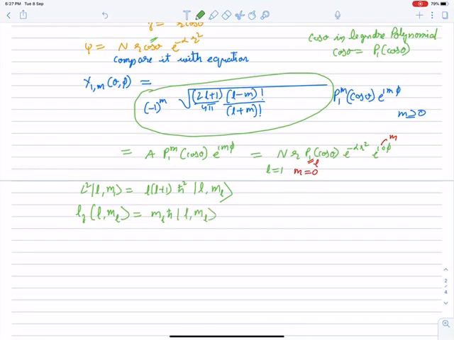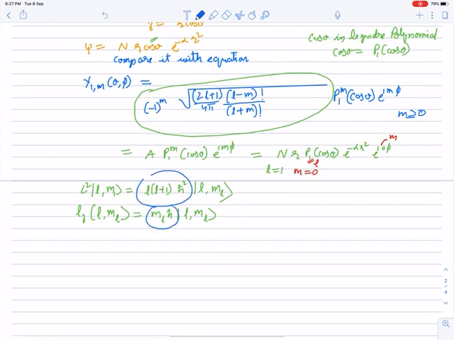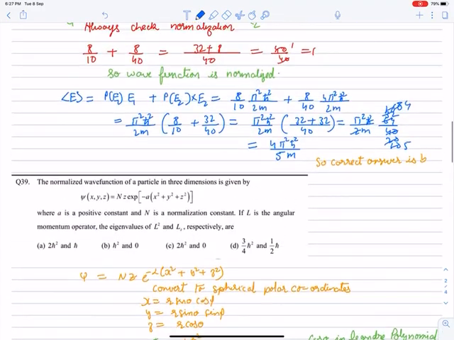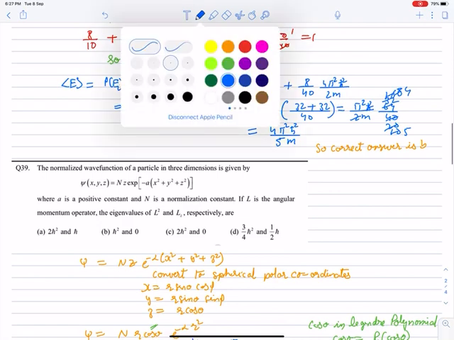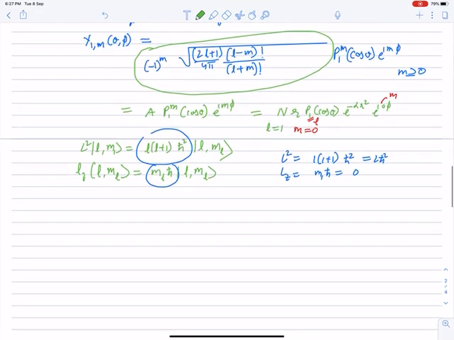So from here I can put in the values. L square is equal to 1 times (1 plus 1) h cut square, which is 2 h cut square, and Lz is equal to ml h cut, which is 0. So the final answer is option C. The correct answer is C.